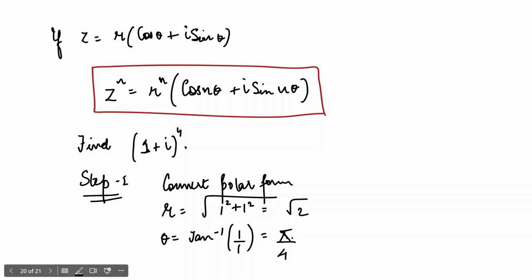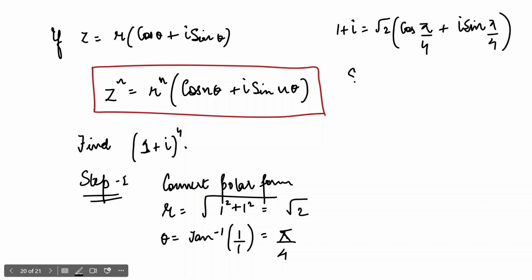So the polar form of 1 plus i will be root 2 (cos pi by 4 plus i sin pi by 4). So we have converted the complex number into its polar form.